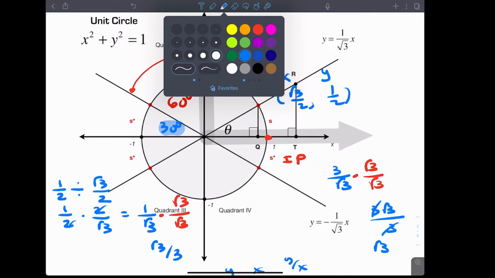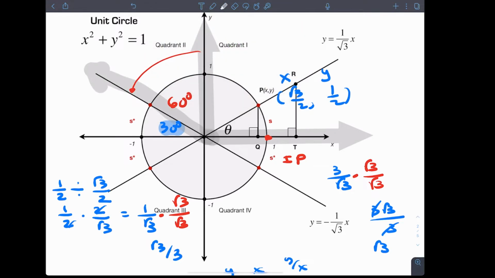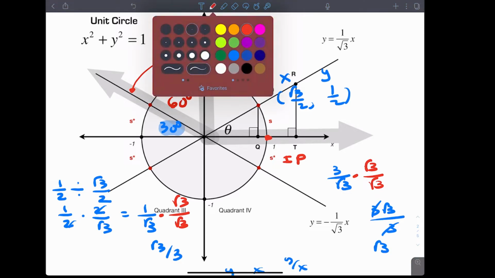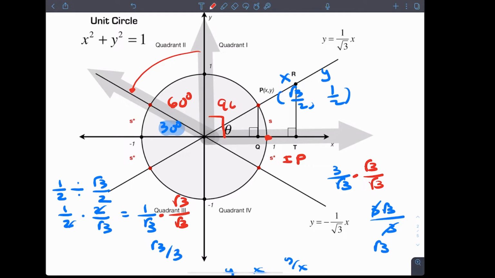So this is kind of how I visualize it. You guys see what I'm saying?